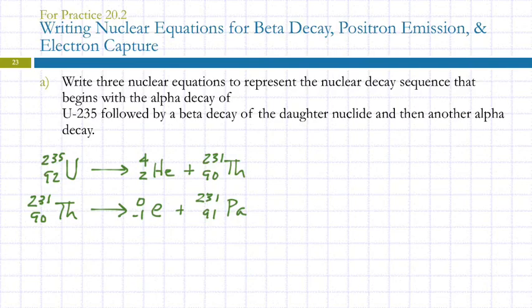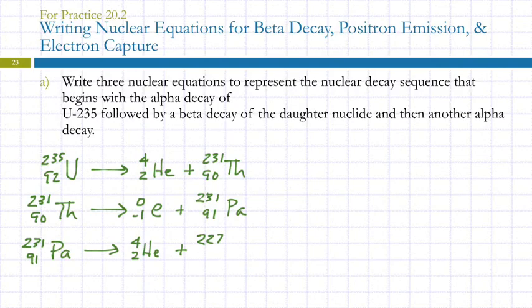And then another alpha decay. So 231, 91, Pa. Alpha decay, so we've got another alpha particle. And so 231 minus 4 is 227.